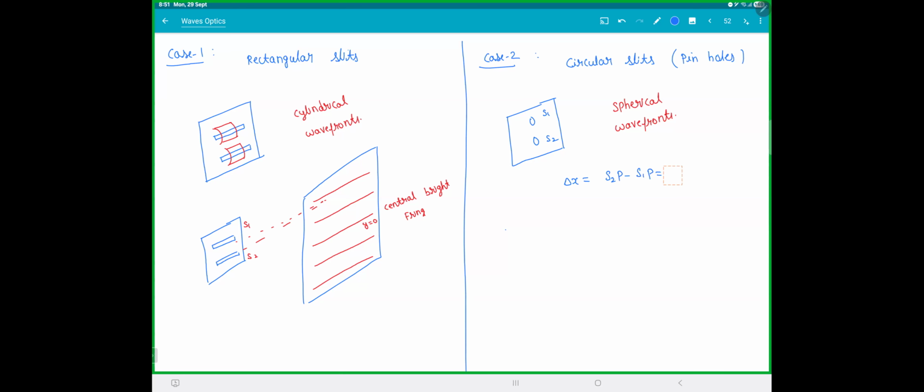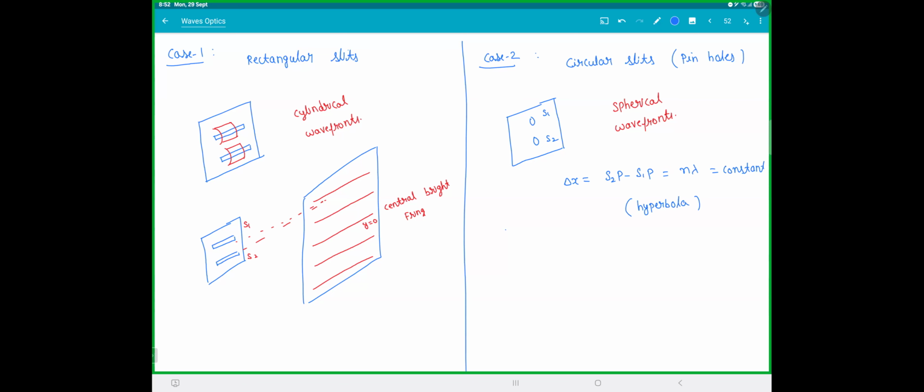For a given maximum, say the first maximum, one lambda, which is constant. If S2P minus S1P is constant, what is the locus? Hyperbola. Studied?